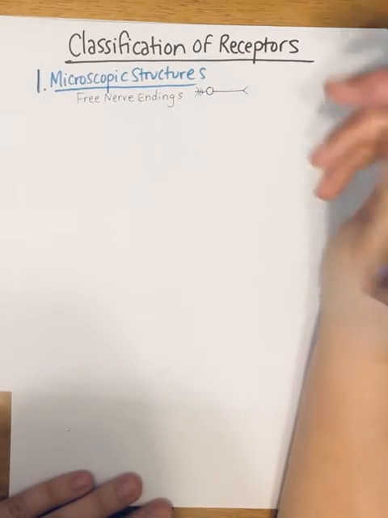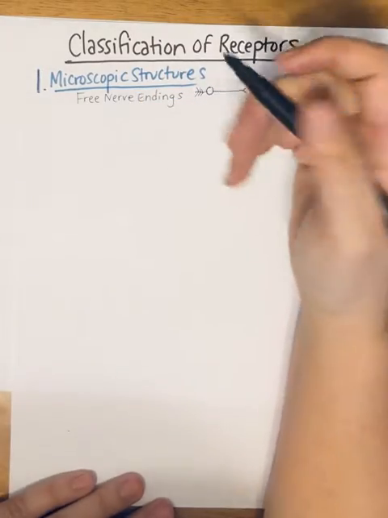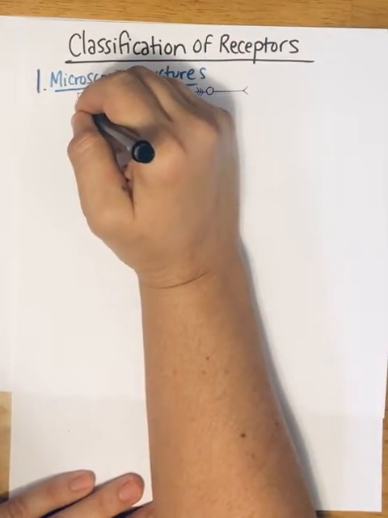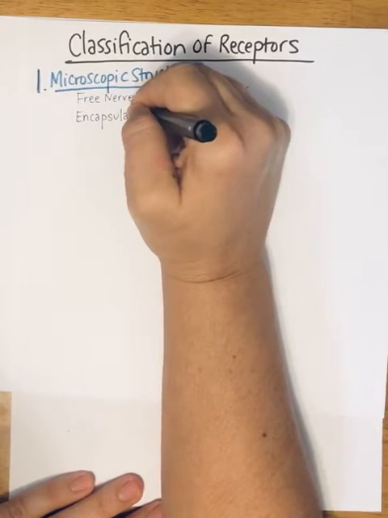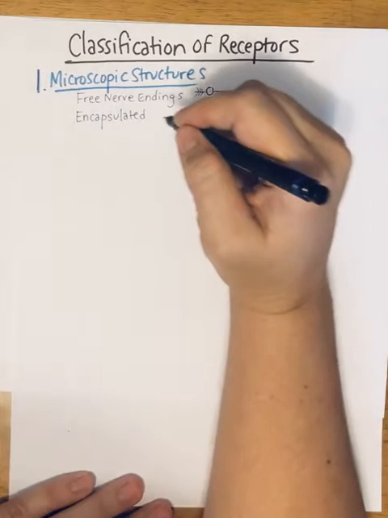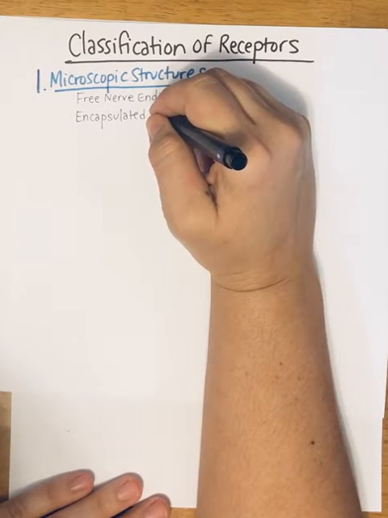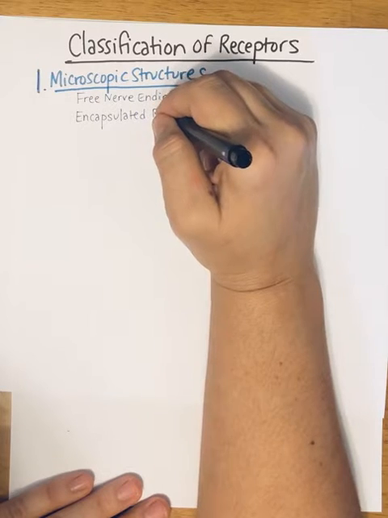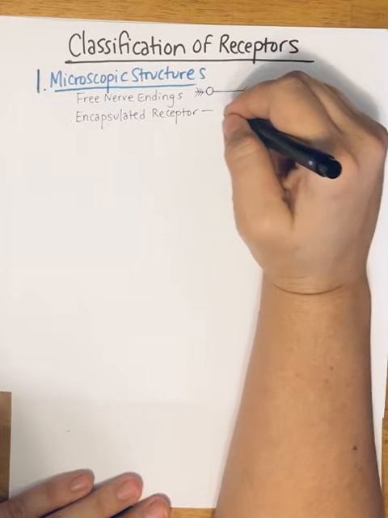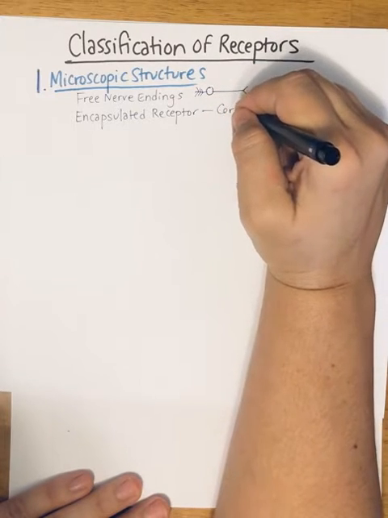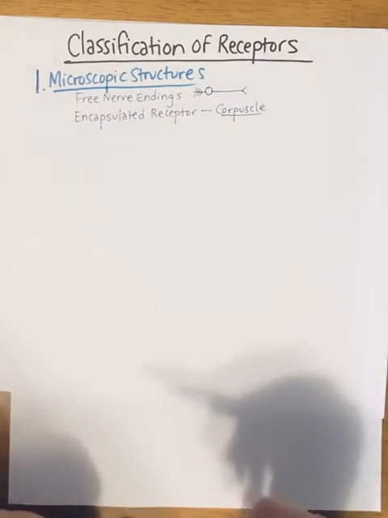The difference between a free nerve ending and the next type would be what we call an encapsulated neuron. Anytime we say an encapsulated neuron or a receptor, we basically mean that it has a corpuscle. Corpuscle means that it's encapsulated.